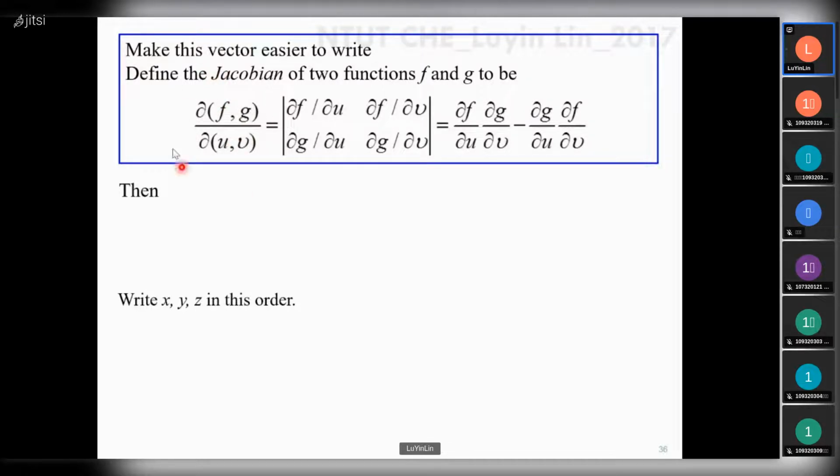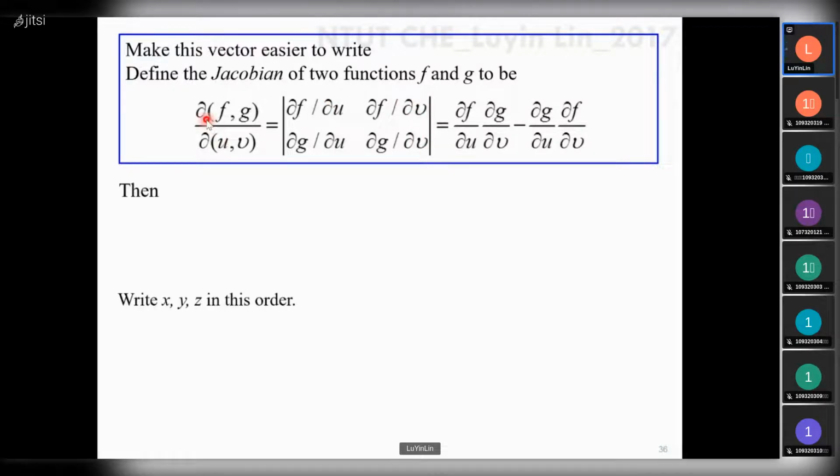You can just memorize this, but you have to know how to write it out. F and G here, u and v here.